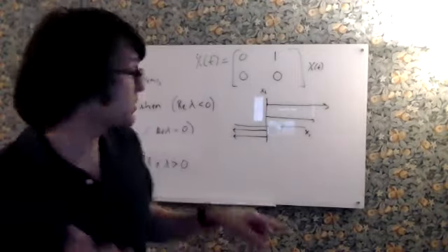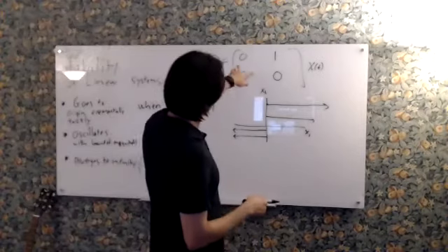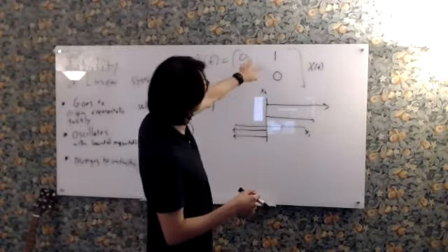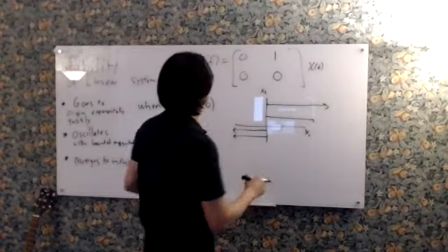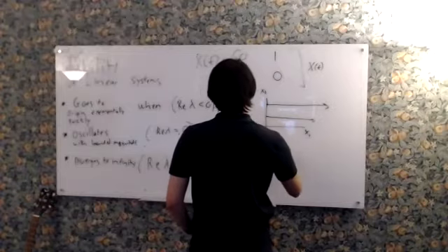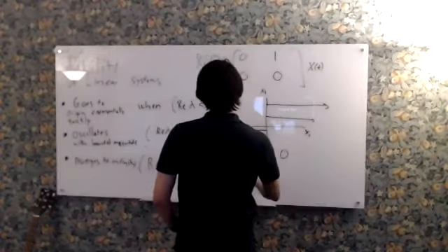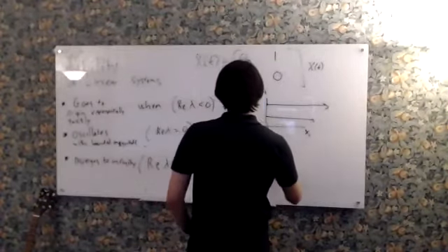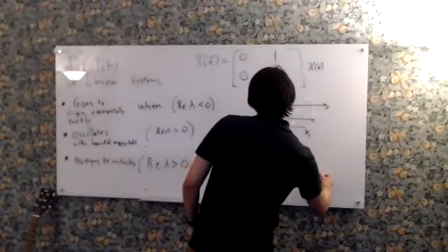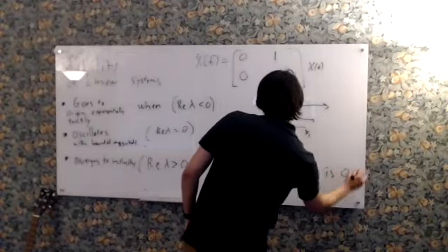It turns out that this thing has two eigenvalues, both at 0, so it's algebraic multiplicity 2. In this case, the real part of lambda is equal to 0, since the only eigenvalue is 0.